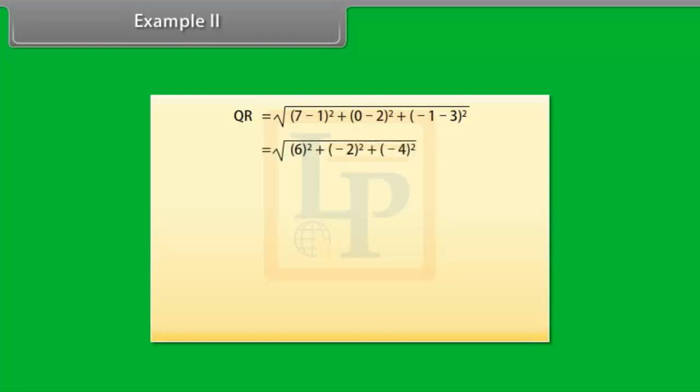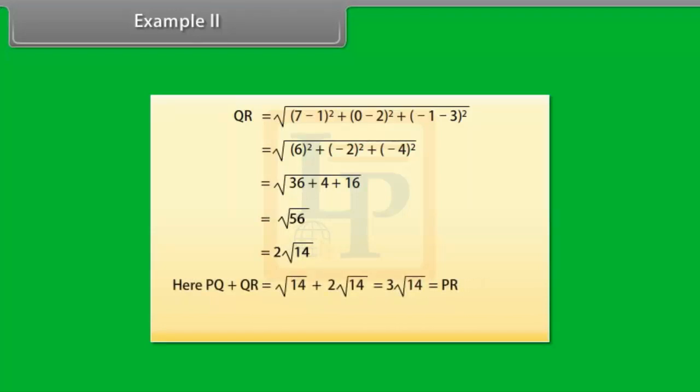After calculating QR, we get 2 times square root of 14. Here, PQ + QR = square root 14 + 2 times square root 14 = 3 times square root 14 = PR. Hence, points (-2, 3, 5), (1, 2, 3) and (7, 0, -1) are collinear.